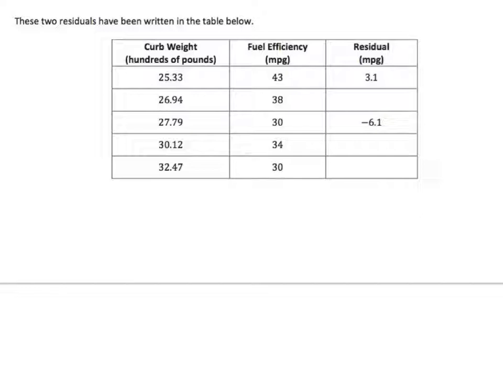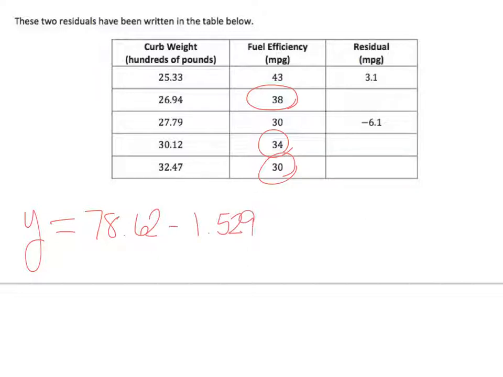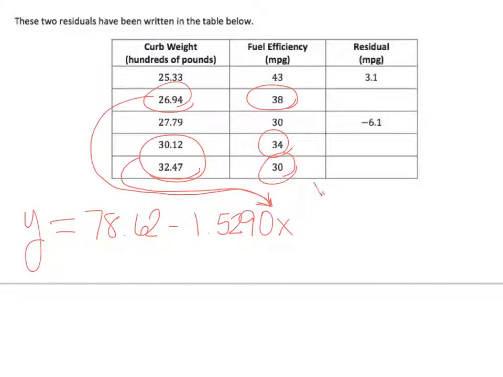Okay, we have actual, actual, actual, and we're going to use the equation y equals 78.62 minus 1.5290 times x, where these are my x values, and these are the y values.